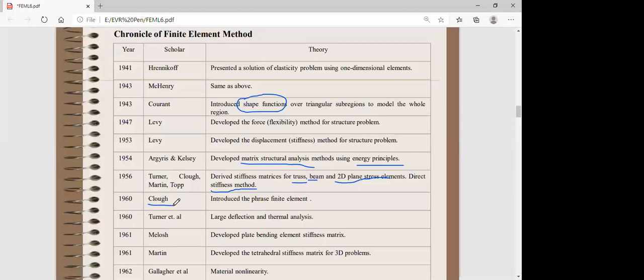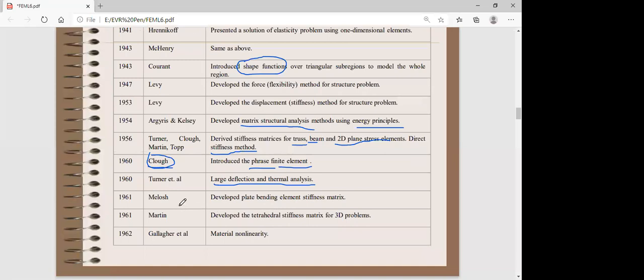In 1960, Clough introduced the name finite element method. In 1960, Turner and co-authors developed large deflection and thermal analysis. Melosh and Martin developed the plate bending element stiffness matrix and the tetrahedral stiffness matrix for 3D problems.